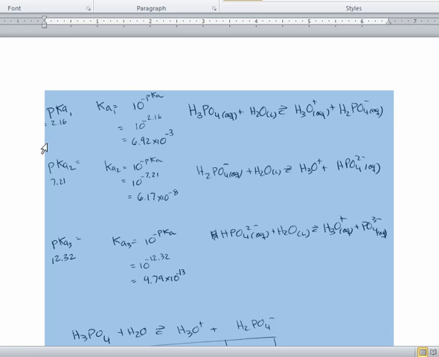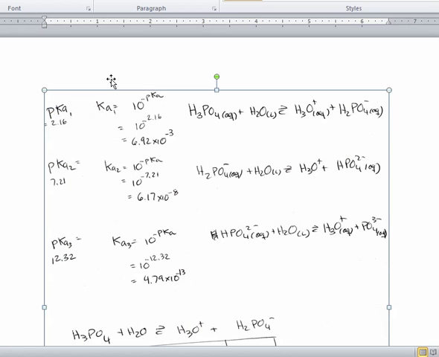So to calculate my Ka, I take 10 to the minus pKa. So 10 to the minus 2.16, which was my pKa1, is 6.92 times 10 to the minus 3. That is my Ka for the first dissociation of phosphoric acid.